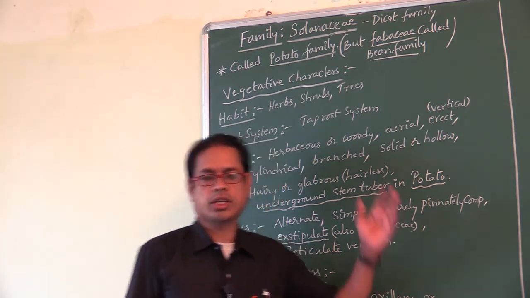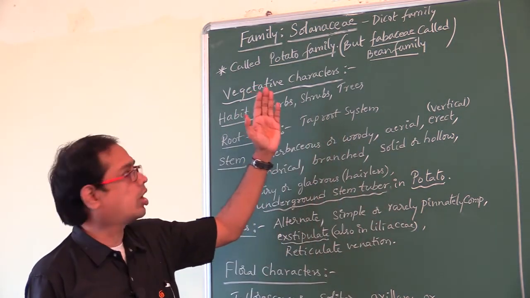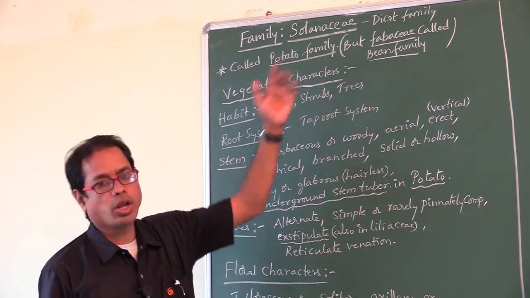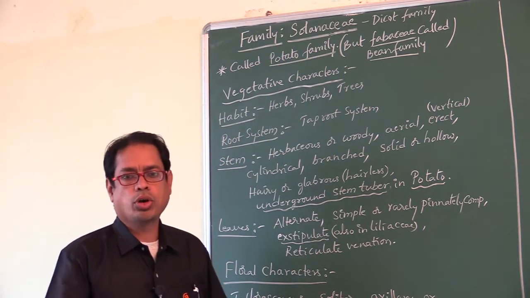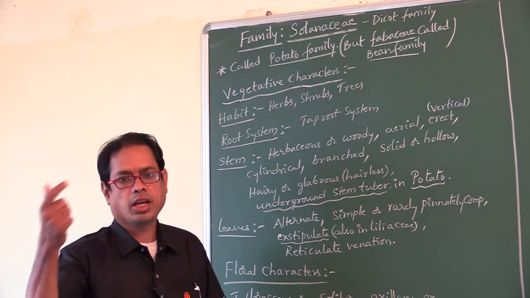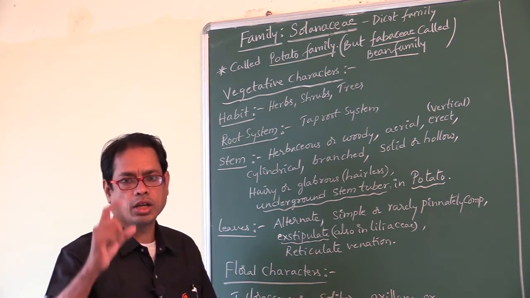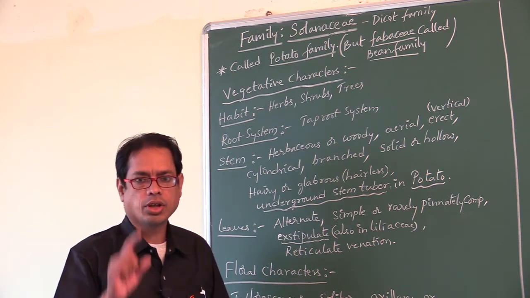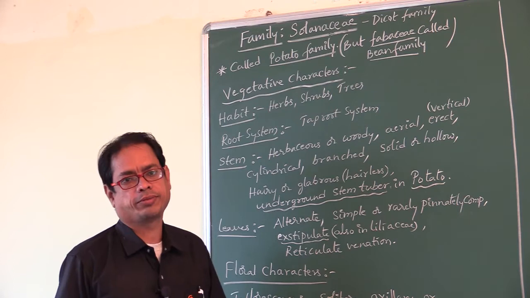Now, we are going to discuss another family called Solanaceae, which belongs to dicots. Both Fabaceae and Solanaceae are dicot families, whereas Liliaceae is a monocot family.